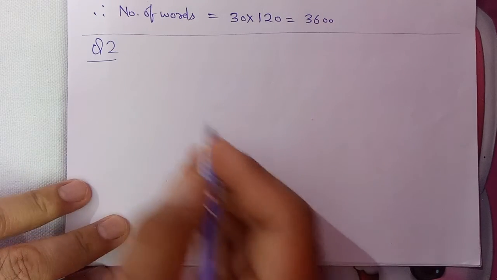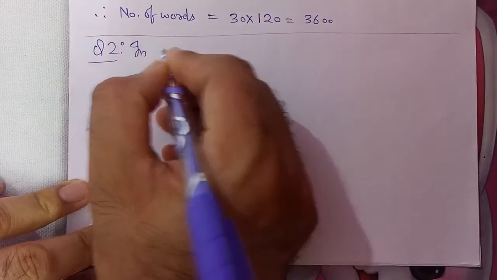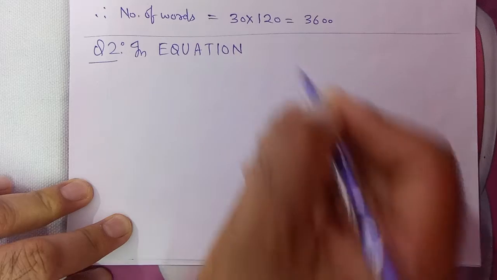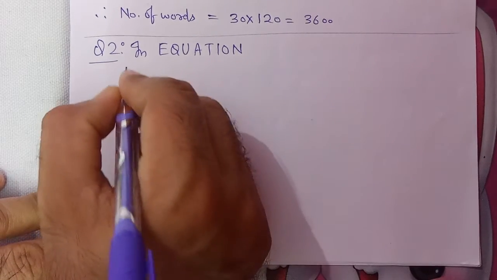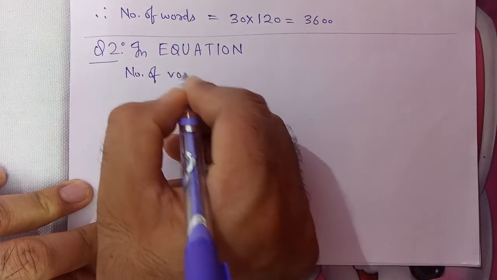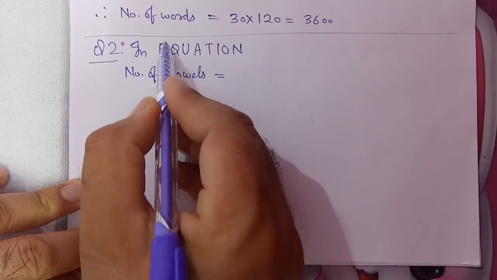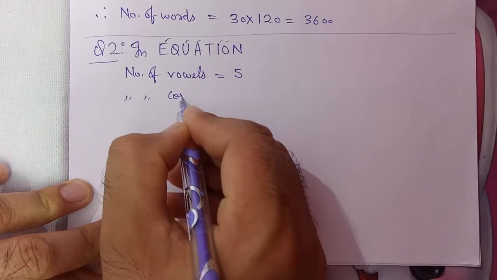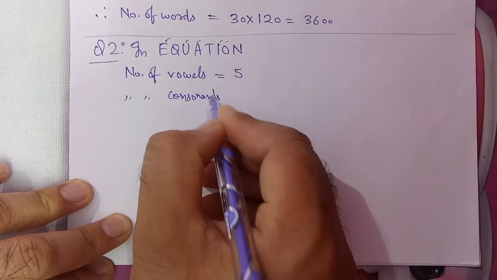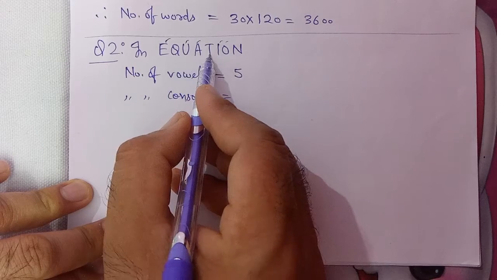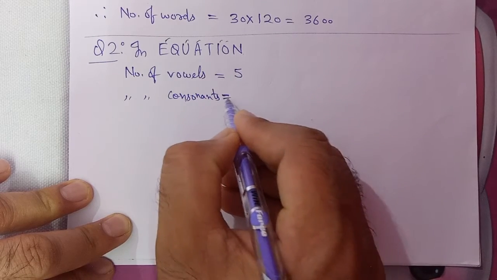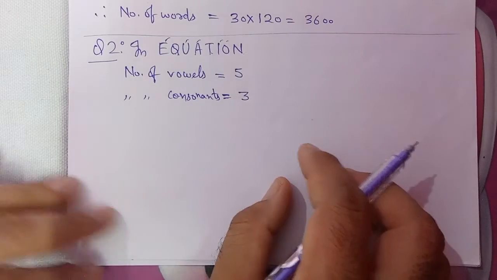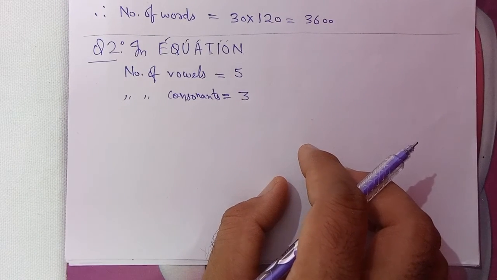So in the word equation, number of vowels 5, number of consonants 3. Yes, it has 3 consonants and 5 vowels.